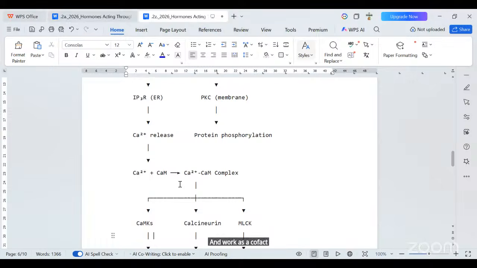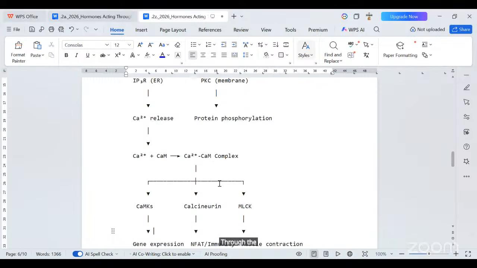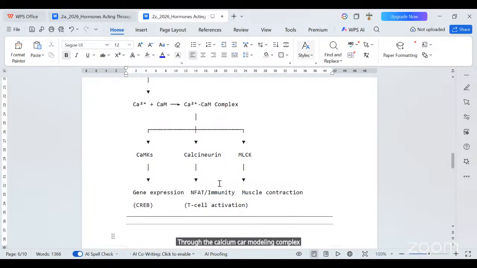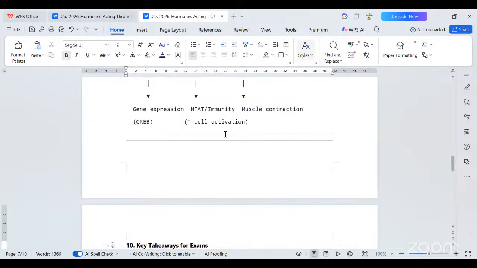And when it has finished its function, through the calcium calmodulin complex, calcium is removed from the system, or it works in muscle contraction, gene expression, or T cell activation.